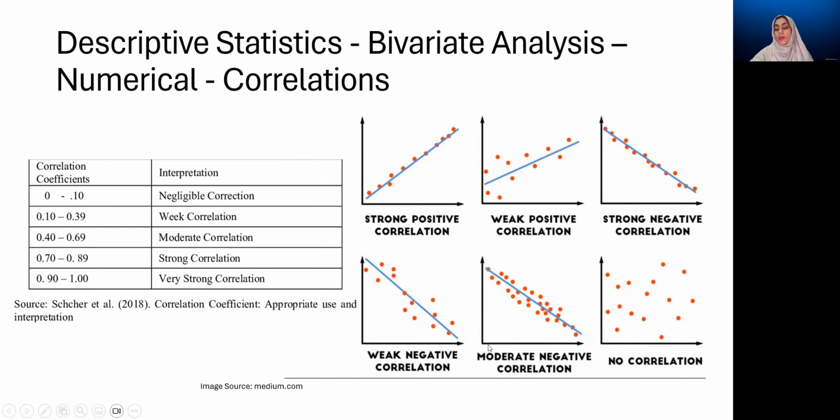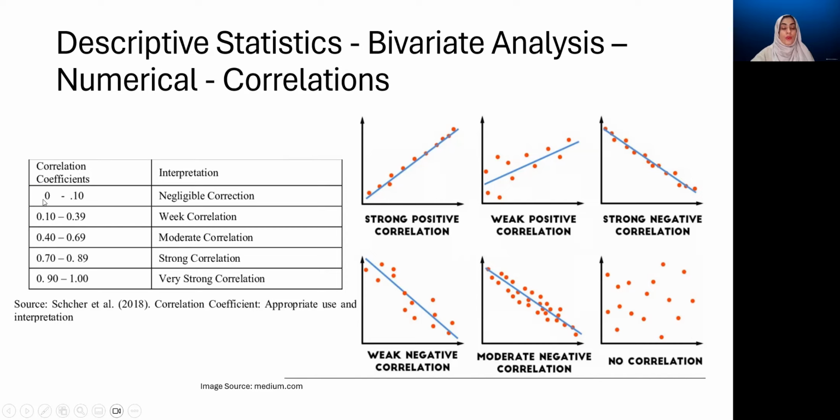Why is it negative? Because with the increasing values of x, the values of y are decreasing. And in this plot, you cannot possibly identify any pattern. So this represents no correlation, which means there is no relationship between these variables which have been modeled in this graph.